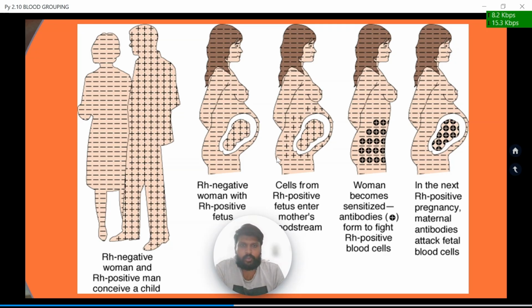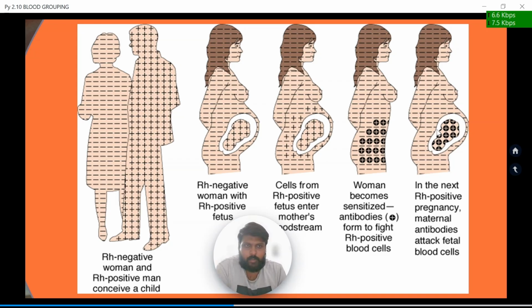During the time of delivery, the maternal and fetal blood mix, and the mother becomes sensitized and starts developing antibodies against Rh.